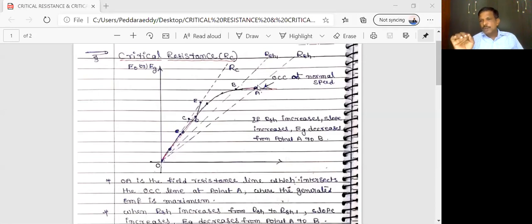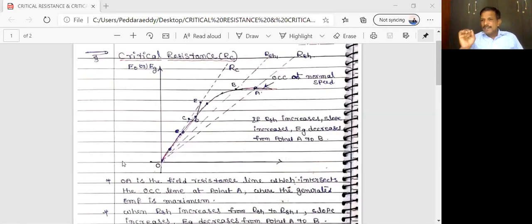That point is called the maximum point or peak point where the EMF induced is maximum. Beyond that point, the induced EMF has no change. Okay, so now this is the OCC curve and this is the RSH line.